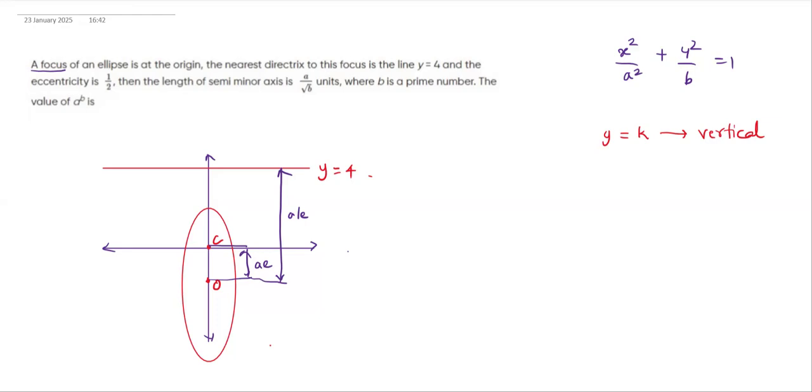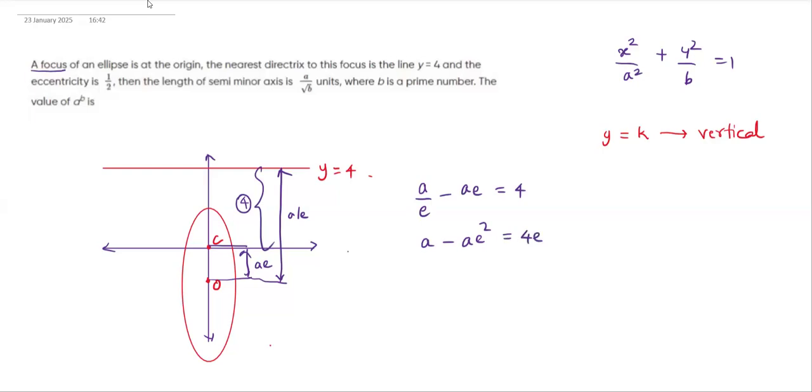Now, when you see the diagram, what is the difference in distances here? a by e minus ae is equal to 4, because that's the only difference here. This distance is 4 units. Now if I multiply by e everywhere, I get a minus a e square equal to 4e.